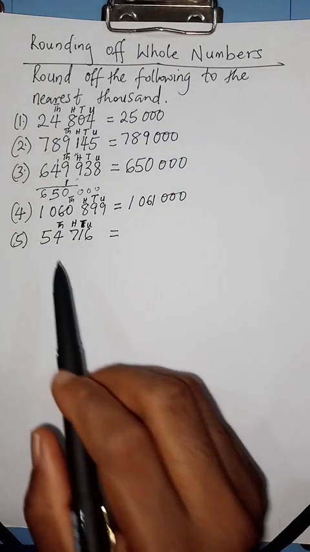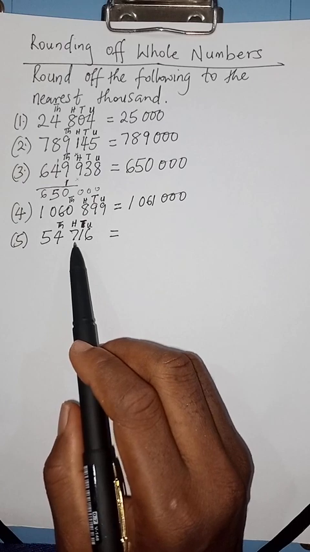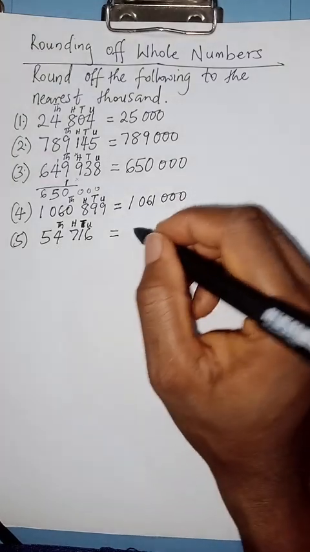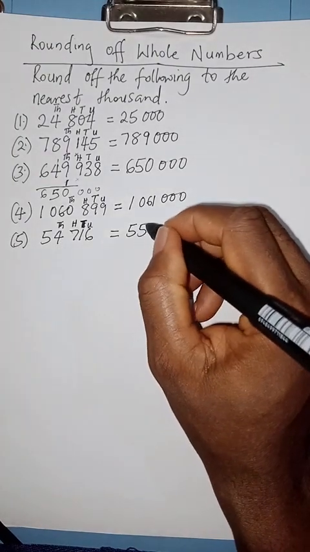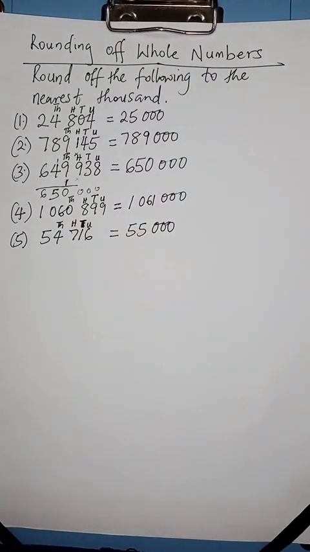So our focus will be on the digit under your hundred and the digit under your thousand. Since the digit under your hundred is 7, it means I'm rounding up. Add 1 to the thousand. So it becomes 55. Then convert every other digit at the front to 000.